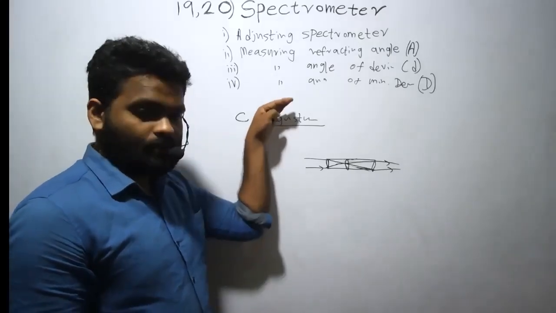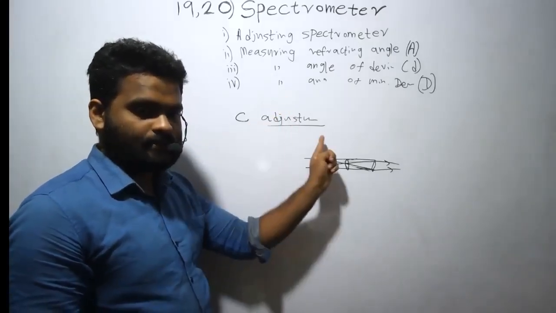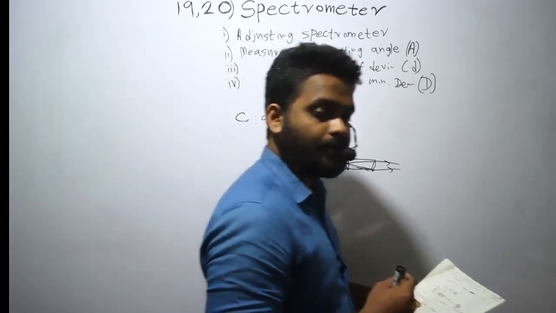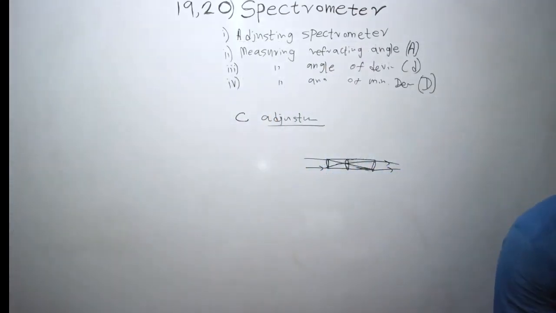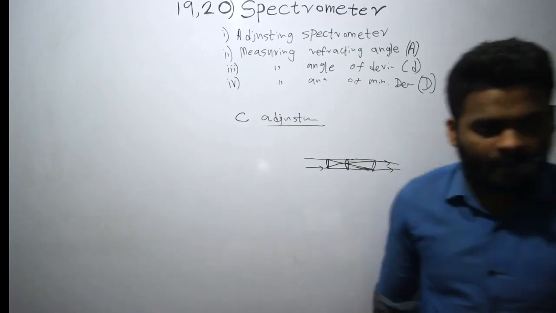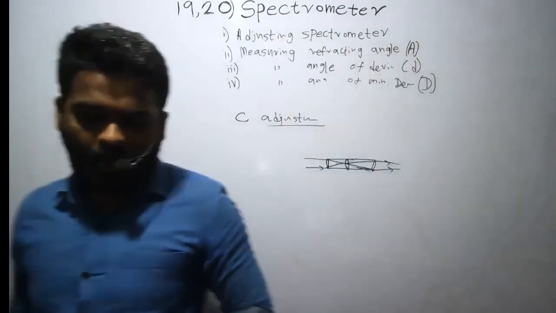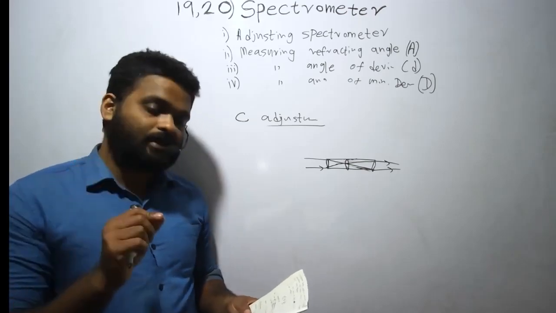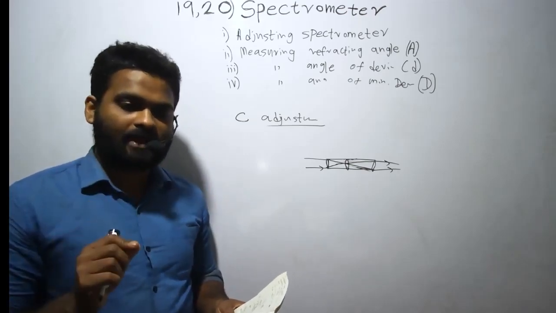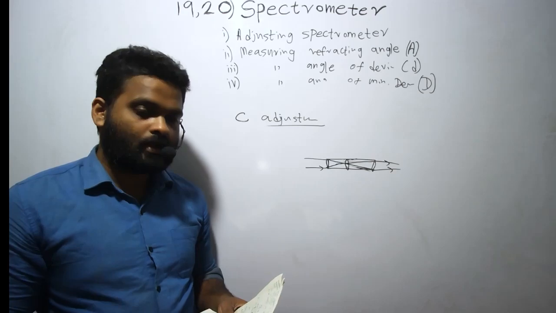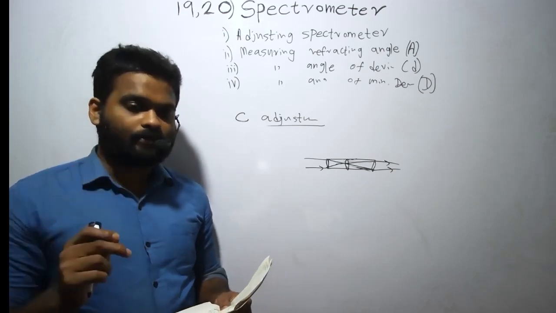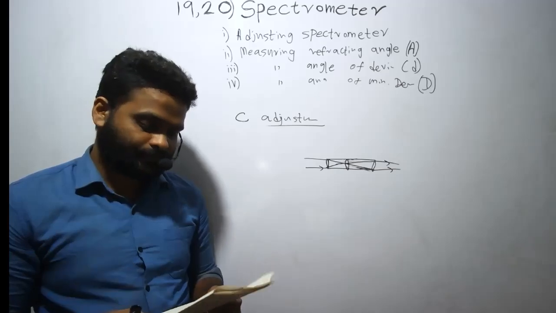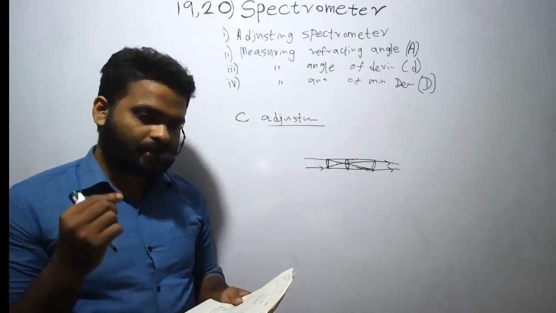Under this collimator adjustment, write down: after adjustment, collimator should only produce parallel light.